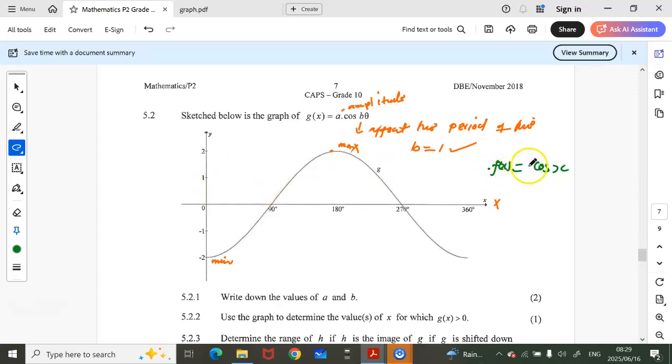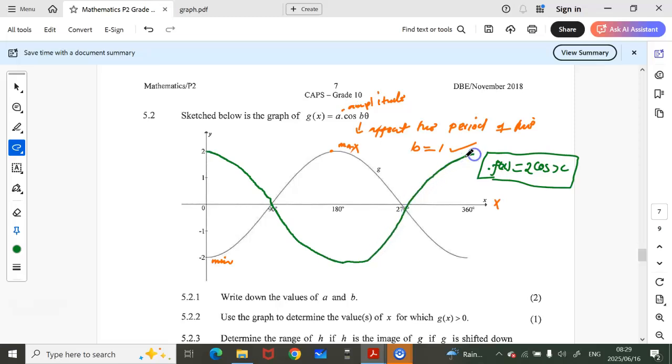Let's just put 2 in this case to emphasize the point. The original graph will be a positive graph like this one. The original one comes from 1, but this one comes from 2. The original graph, which is positive, comes this way, has a turning point at 180, passes at 270 and ends there.